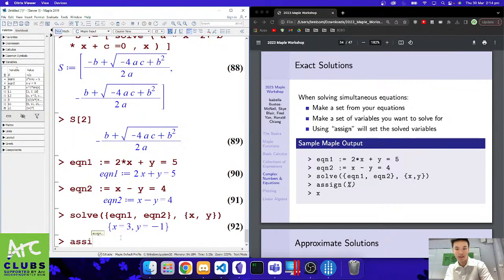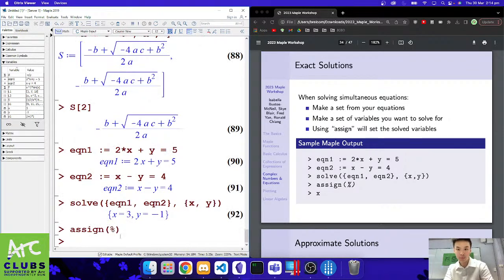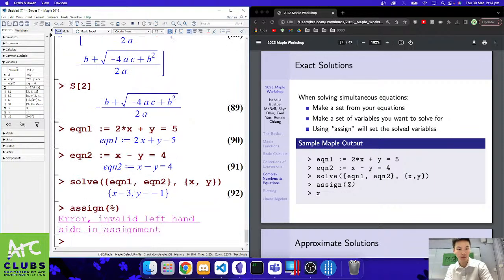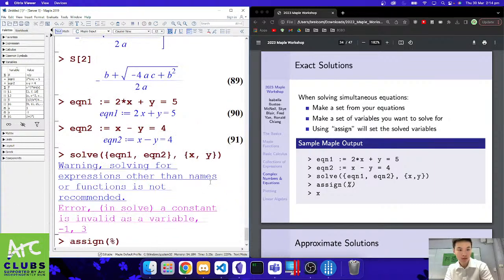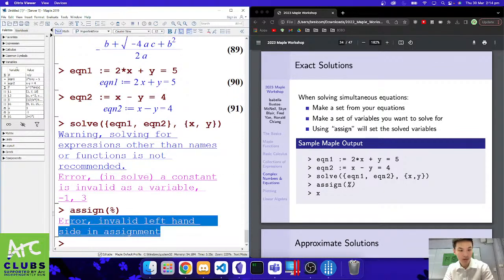And if we again use the assign command, that's going to set the solve variables. Invalid left side. Oops. Solving for expressions other than function names.